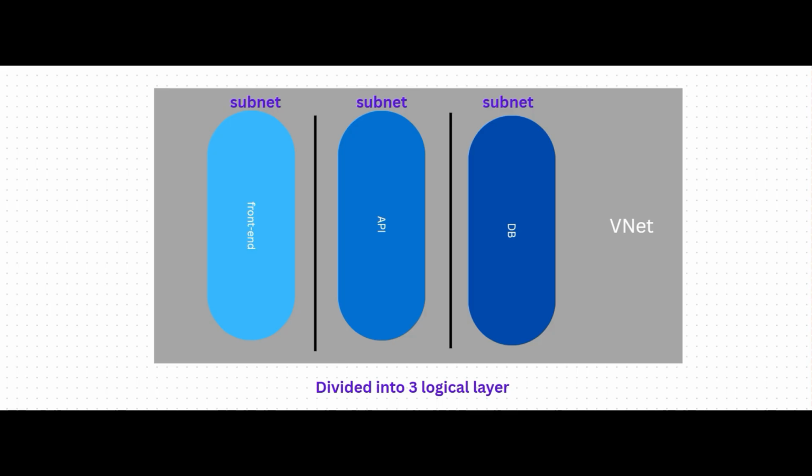Then, using network security groups, we can define rules for a particular subnet. Since we have categorized those layers in terms of subnets, we can set rules for each subnet. In our case, no one can directly access the database, so we can set rules on that particular subnet.